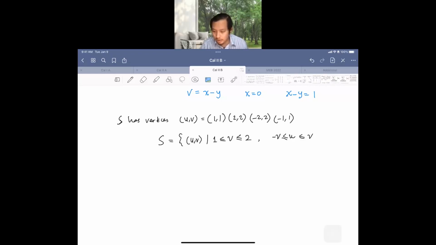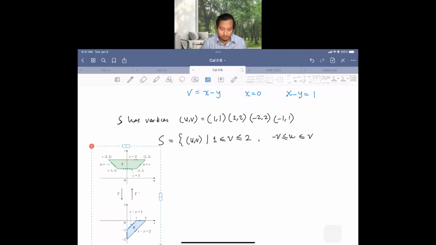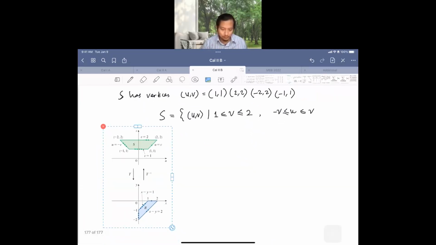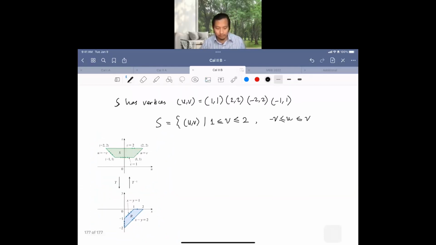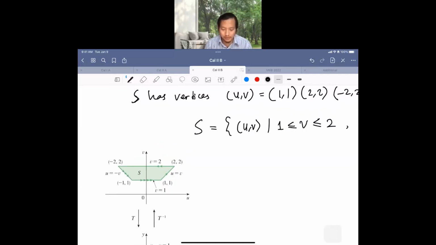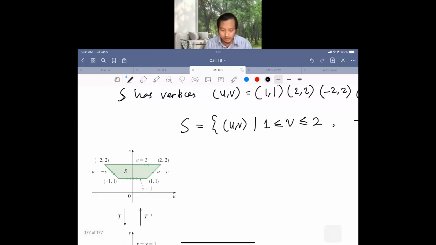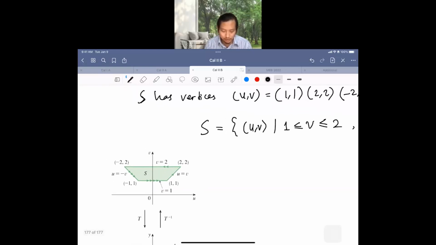The drawing is this. So this is the trapezoid for the vertices in u and v: (1, 1), (2, 2), (negative 2, 2), (negative 1, 1).